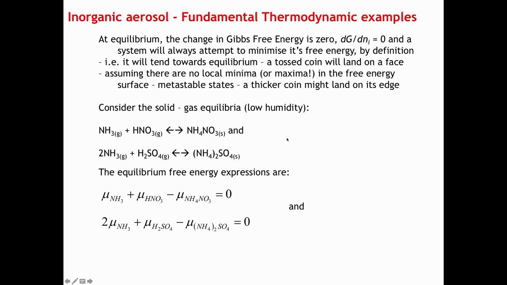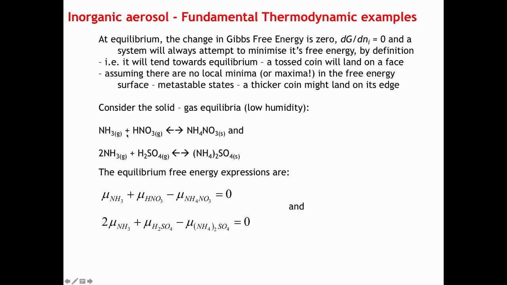Now, if you're just in a chemical system and you've got no contribution from the pressure, temperature, the kinetics of the system, you're just talking about the chemical potential of the system, then this means that the rate of change of chemical potential is 0 at equilibrium.